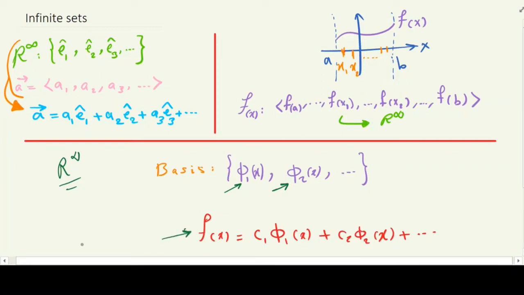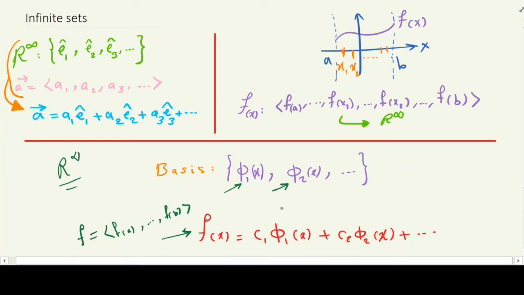So again, this f can be thought of as a vector from f of a all the way to f of b, right? Any vector like f can be generated using a linear combination of all these vectors that we have in our basis.